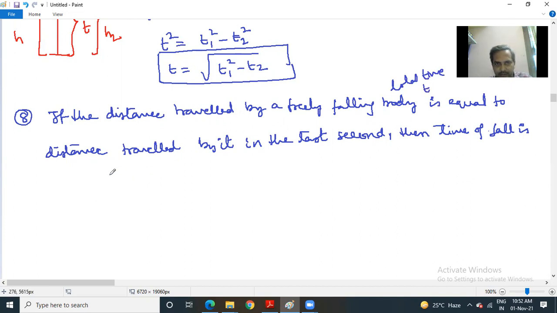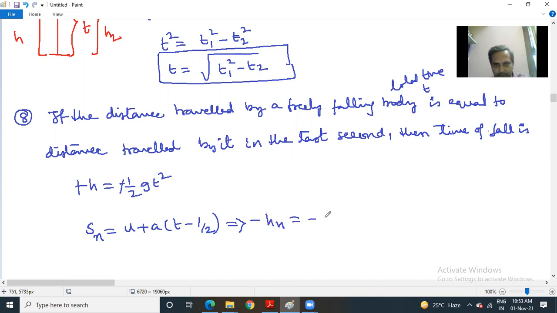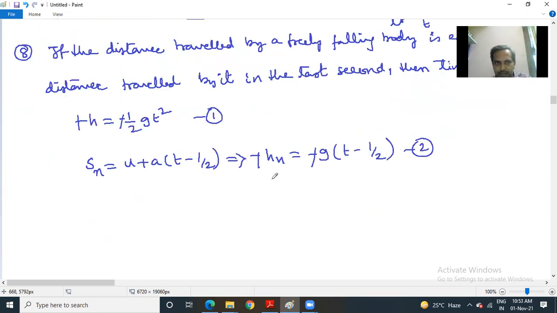So for the first part of the question, you can use h is equal to half g t square, because u is 0, negative cancels on both sides. So this is equal to the distance traveled in the last second. In the last second means, let us say the t-th second. So we have to use Sn is equal to u plus a of (t minus half). Since u is 0, this will be Hn is equal to g times (t minus half), negatives cancel. So call this equation 2, and this is equation 1. They mentioned that in equation 2, Hn is equal to h.